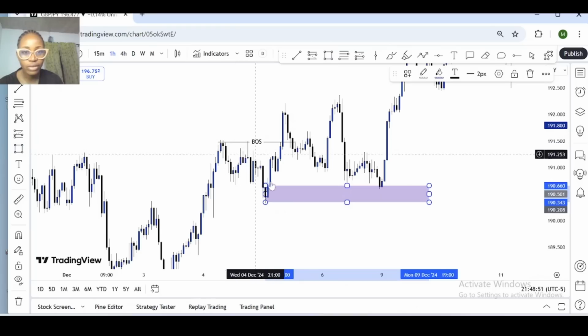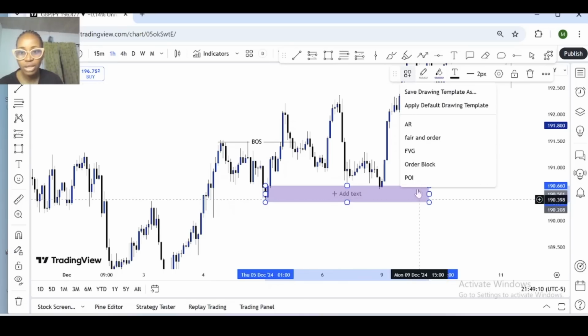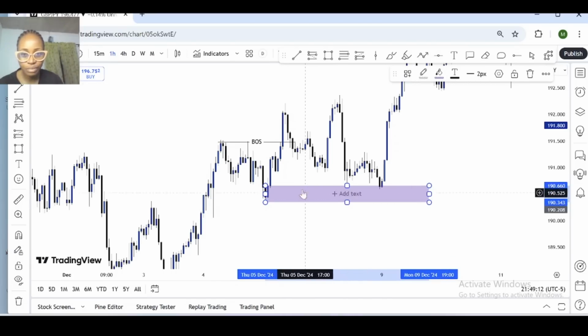You can see this particular movement started from this point here. So this was the last candle to the downside before this movement that caused the break of structure. So this last candle here is going to be my point of interest. That's the second thing. Let me map this point out as my point of interest.